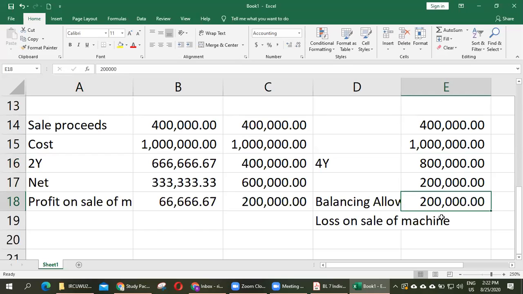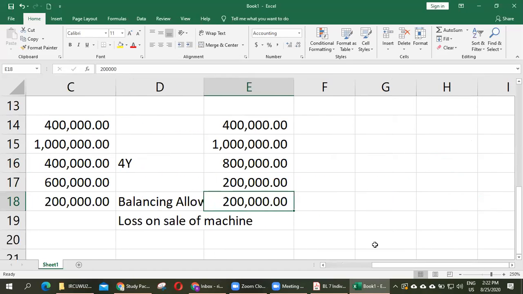Now how much profit? Profit or loss? Profit is 200,000.